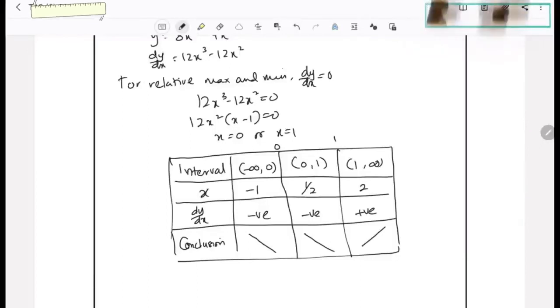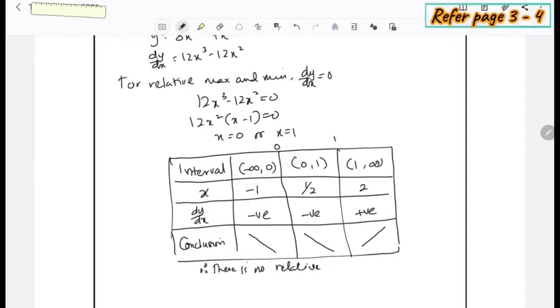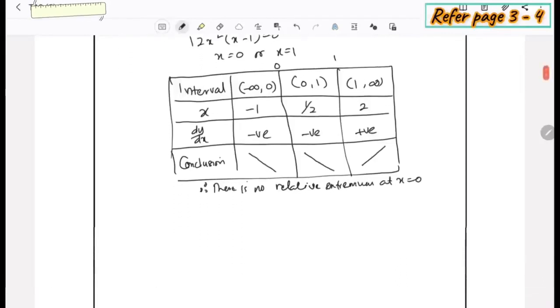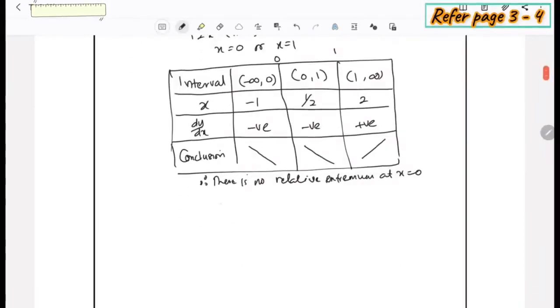So at x is 0, there is no relative extremum at x equals 0. But x equals 1, so you have the minimum point.